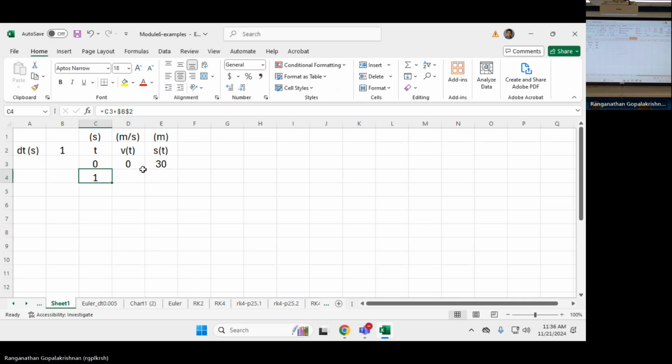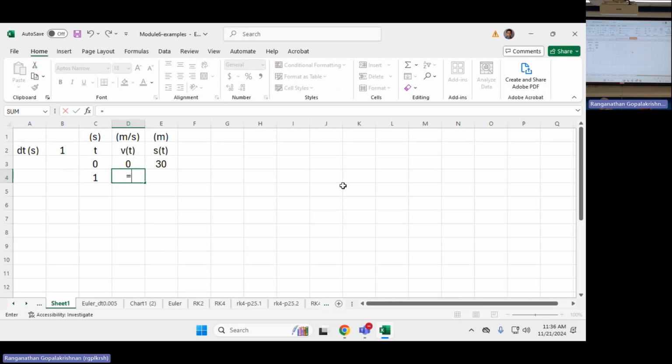Okay. So how do we calculate velocity? Velocity is previous value plus dt times the function f1. Maybe I'll write it. So my equation is dv dt equal to g minus alpha times v squared.